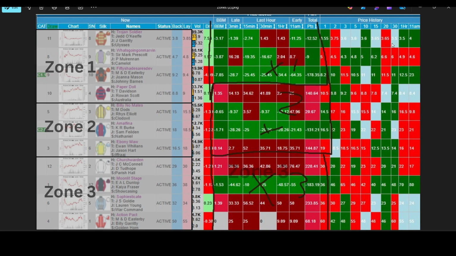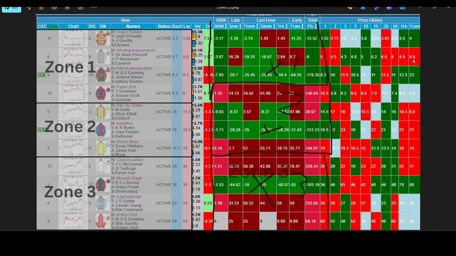That does mean his price has come in, but it hasn't consistently come in. At some point in the last hour to 30 minutes he's drifted back out again, and that's not what we're looking for.